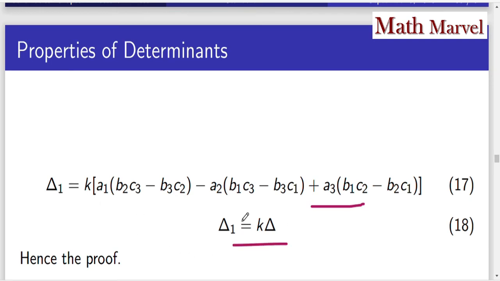So here we conclude: delta is some determinant. If we multiply any row or any column of this determinant by some constant k, we get the new determinant delta 1. The value of delta 1 is the value of the determinant delta multiplied by the constant by which we multiply the row or column.